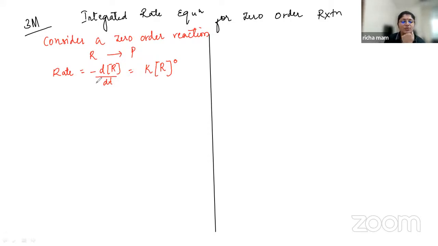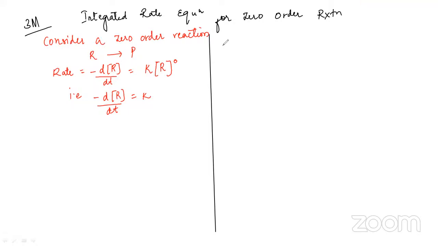Now we will solve this. R raised to 0 is 1, so minus dR by dt is equal to k.